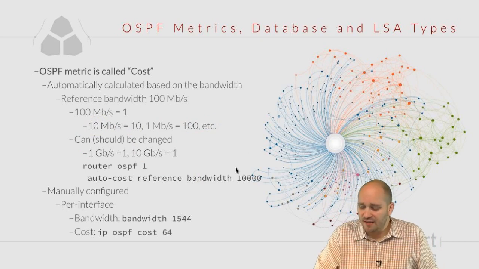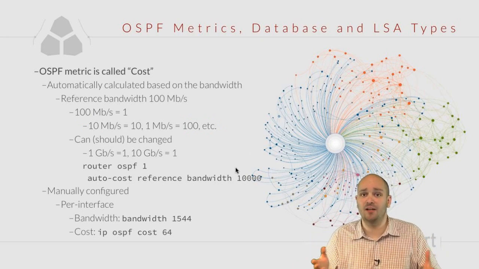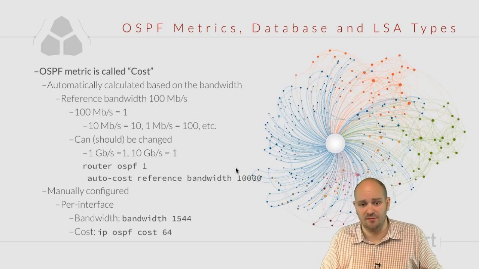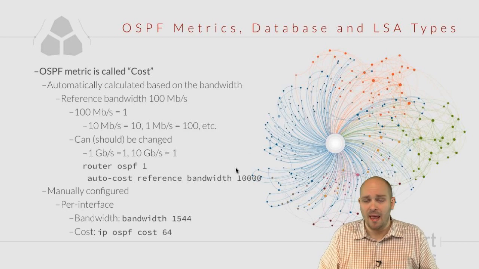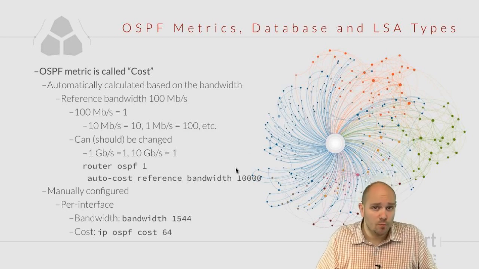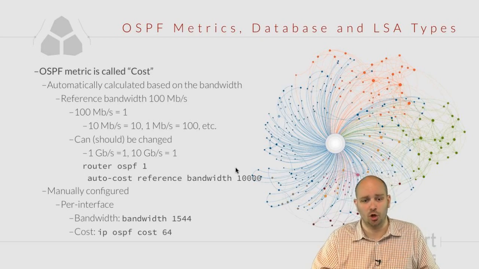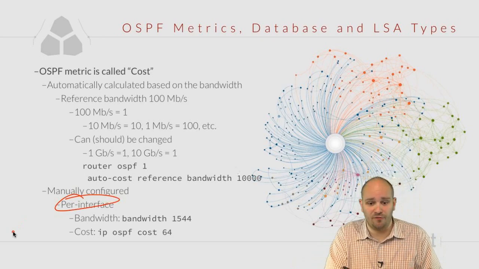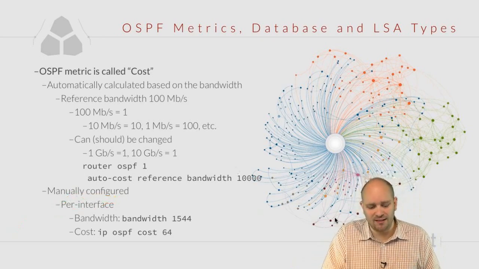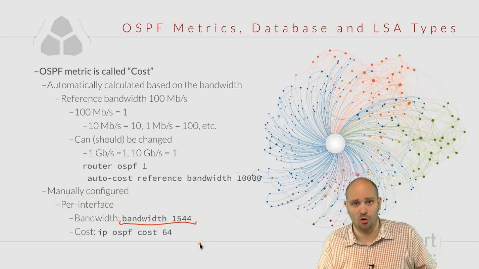This is if we leave the cost calculations to OSPF and to the routers to determine themselves. However, the cost for individual interfaces in IOS can also be configured. This can be done using two methods, an indirect way and a direct manipulation of the cost. In both cases, this has to be done on a per interface basis. An indirect calculation of OSPF cost is setting the logical bandwidth on the interface.